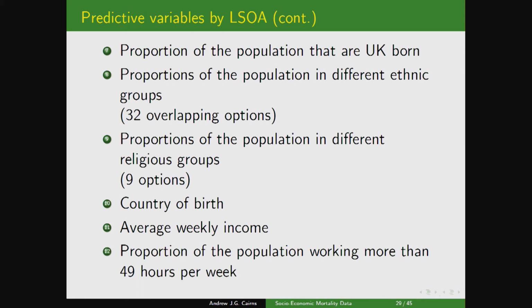Other things in our data sets: proportion that are UK born, ethnic groups, religious groups, country of birth, average weekly income, and the proportion of the population that work 49 hours per week or more. So there's just a lot of different things that you can find if you dig around.